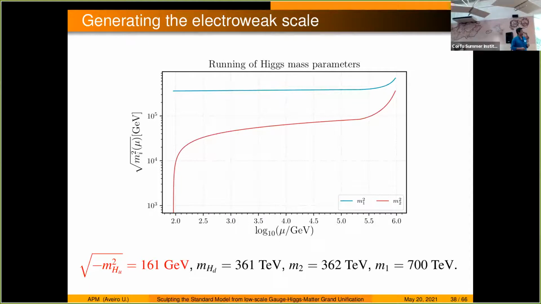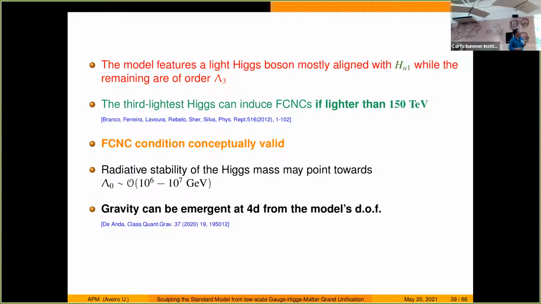And in principle, what we have is a conceptually valid model in terms of efficiencies, as our colleagues Gustavo and Guy worked out before in this paper here: if the third lightest Higgs boson, either of the up type or down type, is beyond 150 TeV, you are safe from efficiencies.